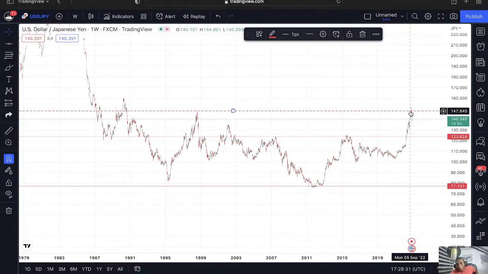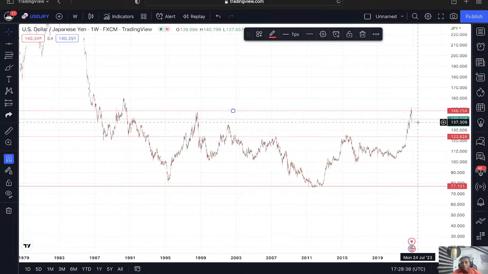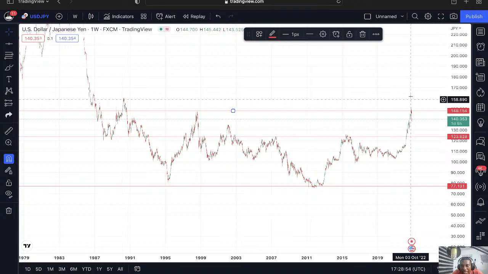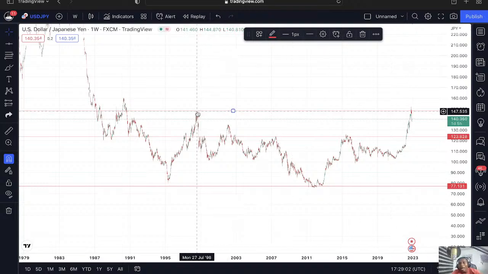As of today, the price is trading at around 149, which is a level that had last been touched since 1998.